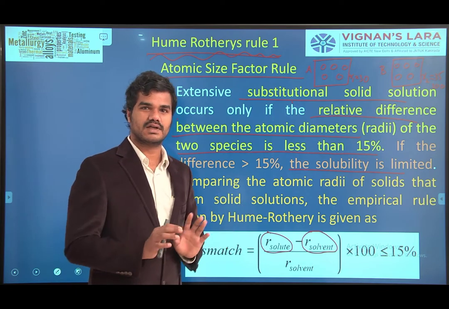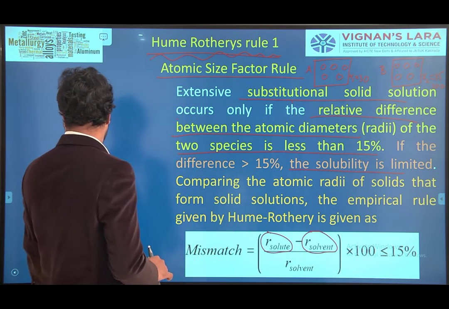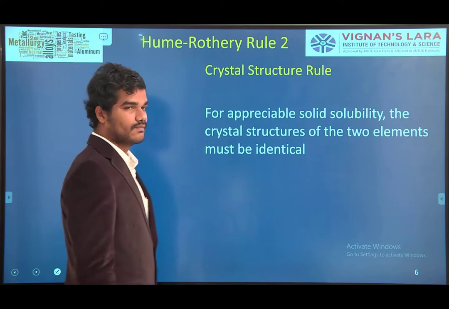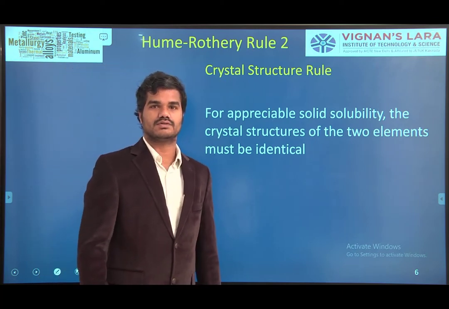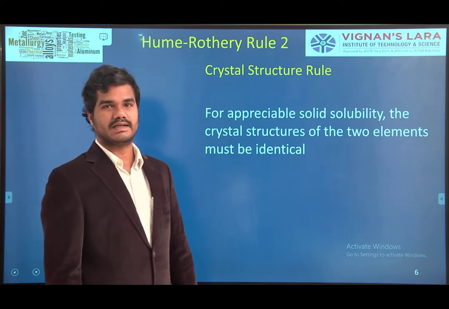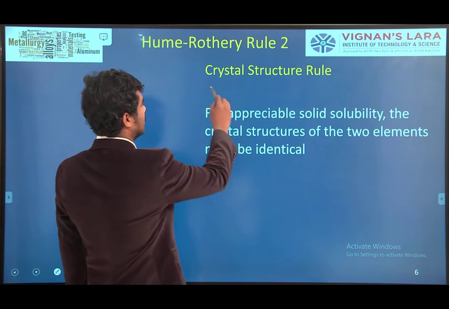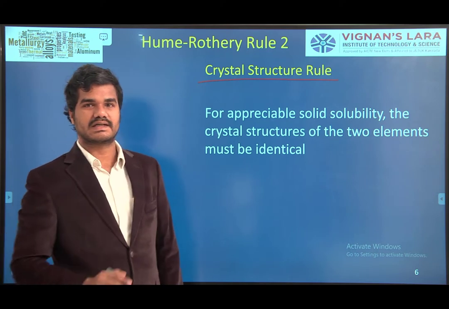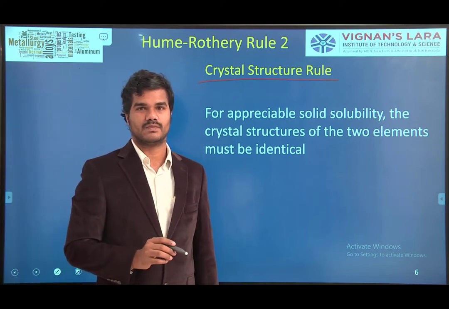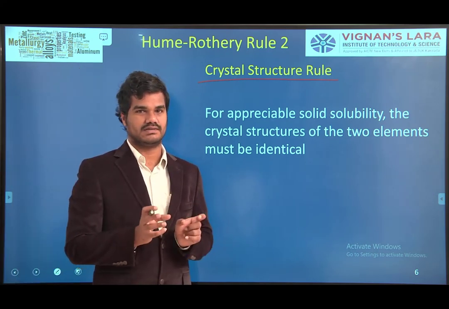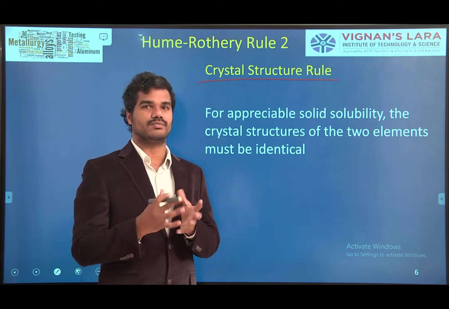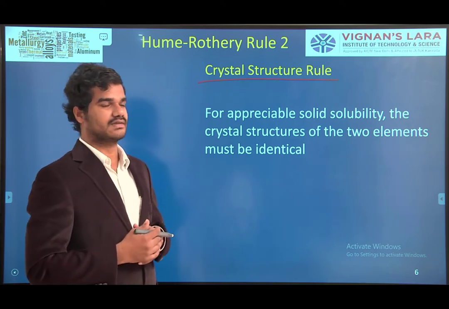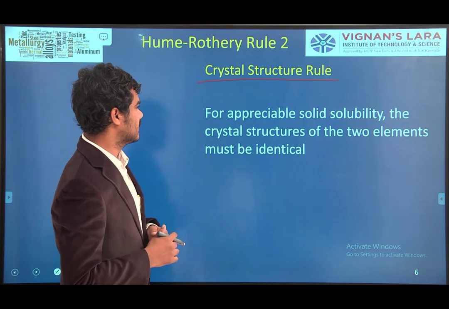Fine. Hume-Rothery rule 2. It tells about the crystal structure rule. The previous one is atomic size, how A and B atomic sizes should be. Here it is crystal structure. What is he telling?